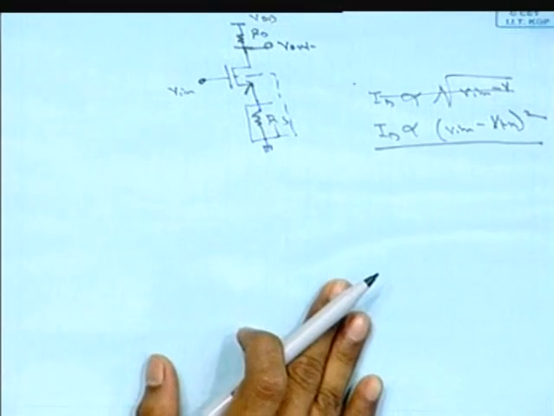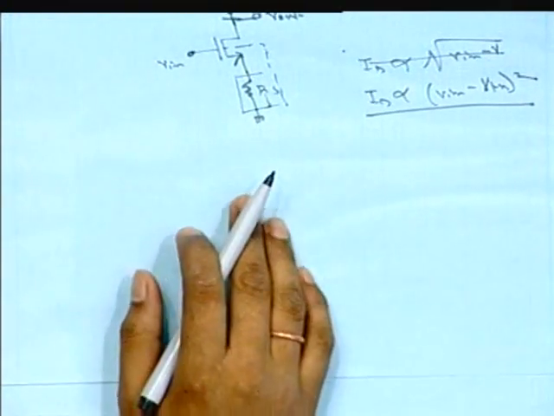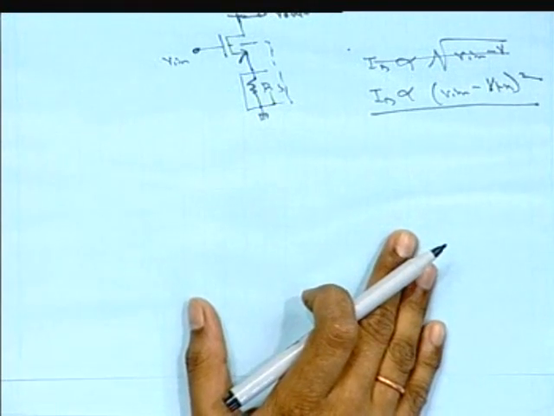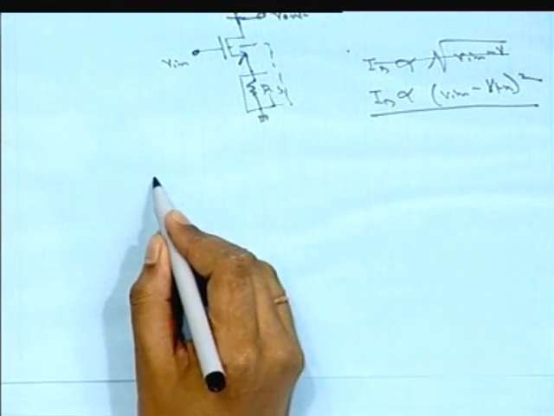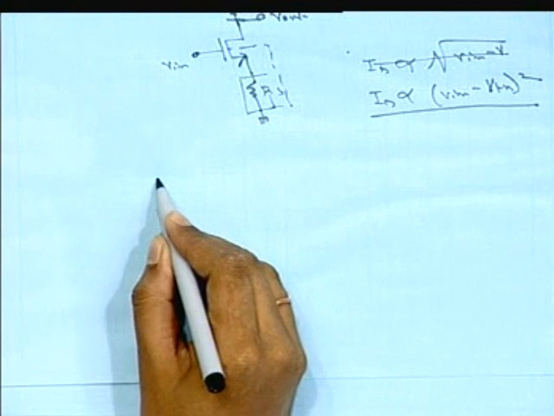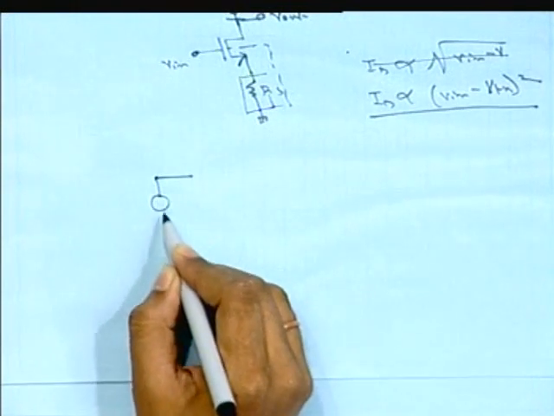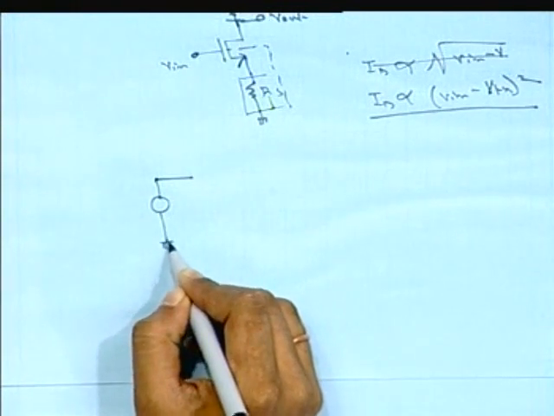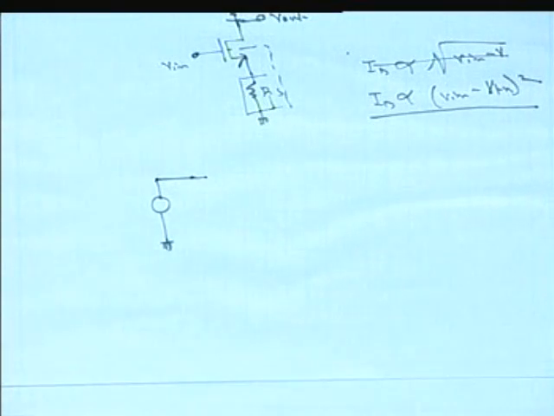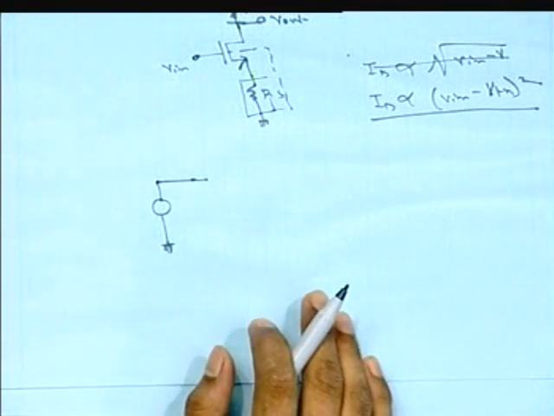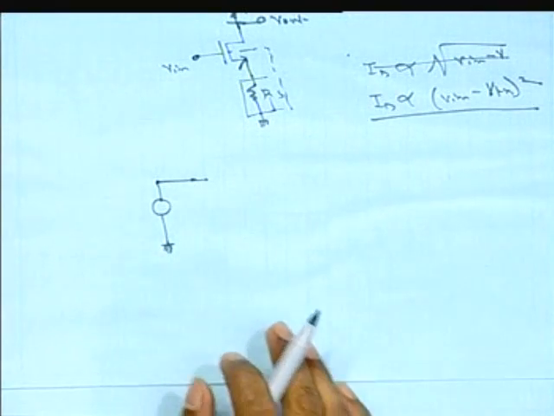Now I want to show the small signal analysis of this particular stage. One other main thing is what will be the input resistance of all these CS stages.